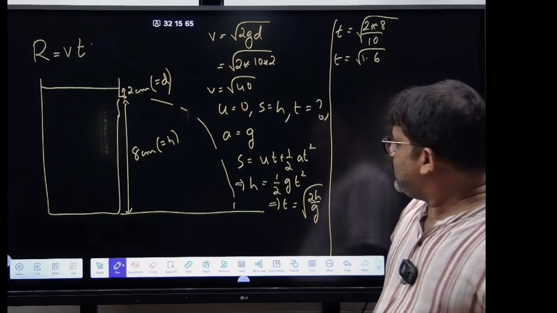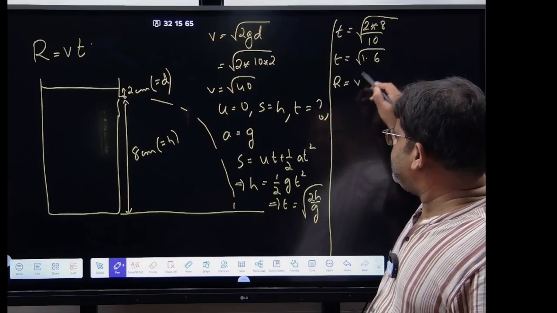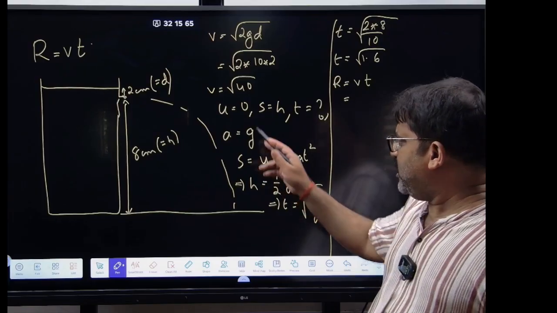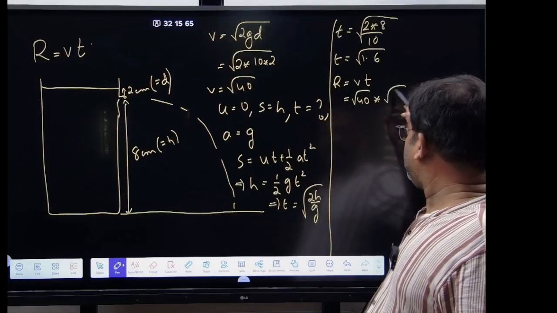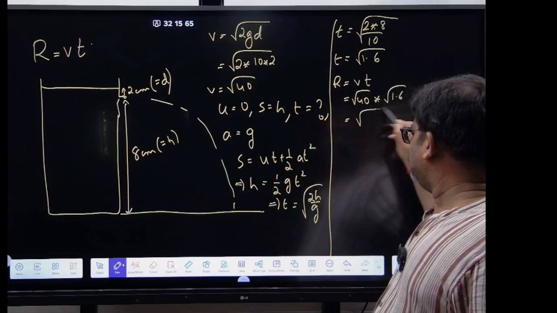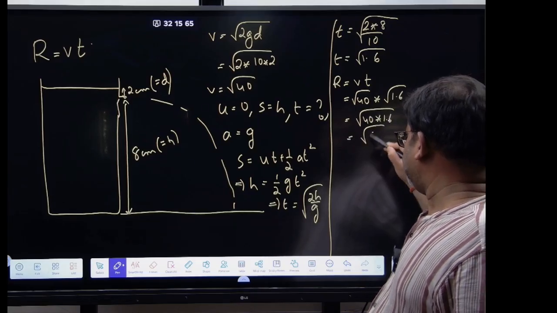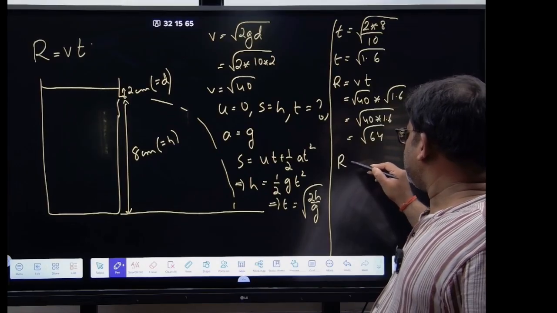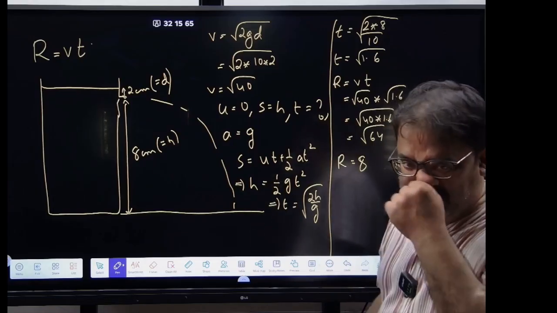Okay. Now I need to find out r. What is r? It is equal to v into t. What is v, children, now? Root 40 into root of 1.6, that is equal to root of 40 into 1.6, that is equal to, can I write as 64? Therefore r is equal to 8 centimeter.